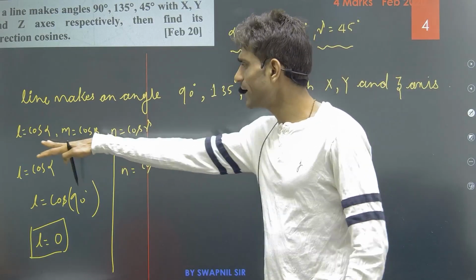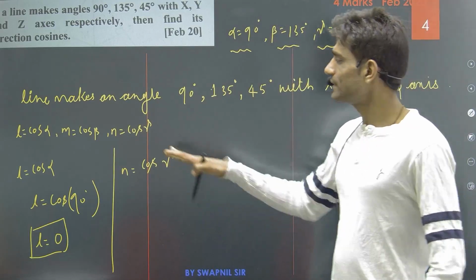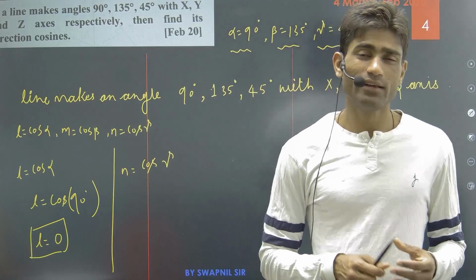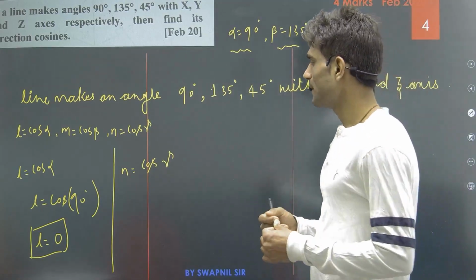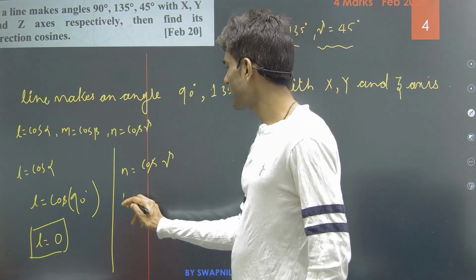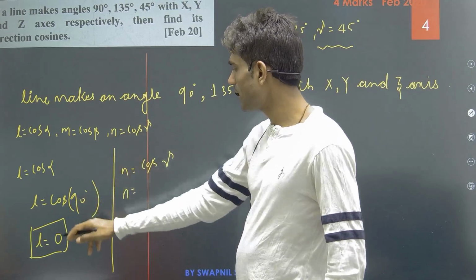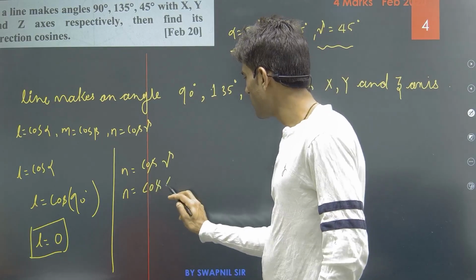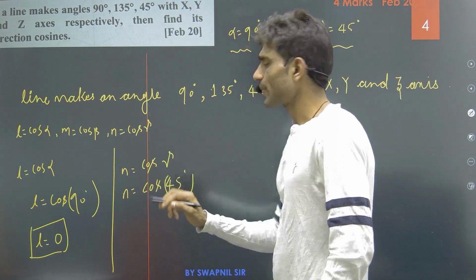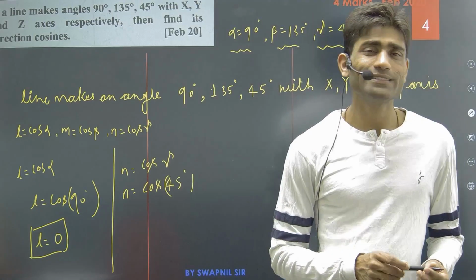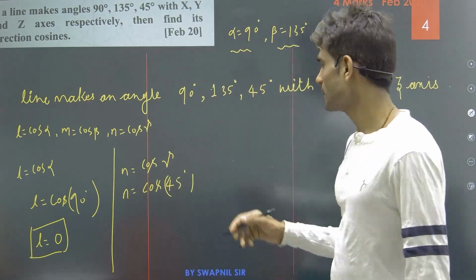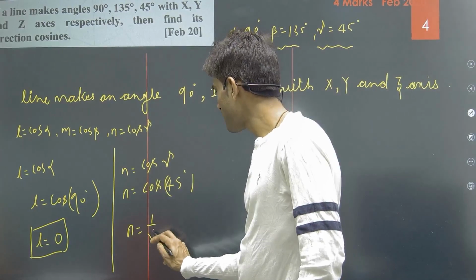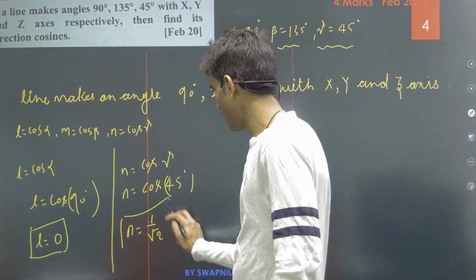I have taken L and N directly, because M needs more calculation, so I kept it for the end of our solution. N equal to cos of gamma, and gamma is 45 degree, so cos of 45 degree. We know that cos 45 gives us the value 1 by root 2. So N gives us the value 1 divided by root 2.